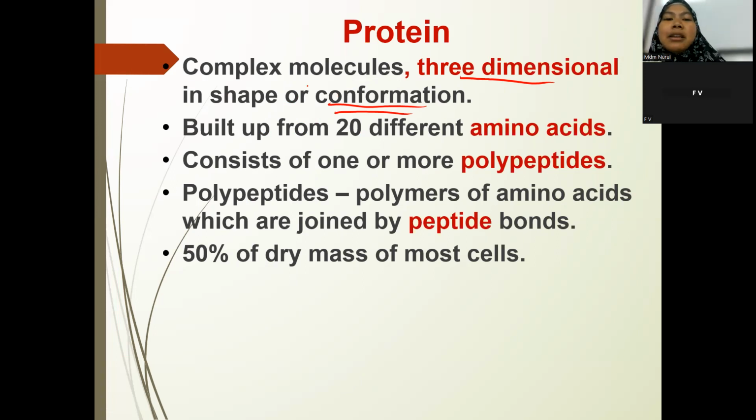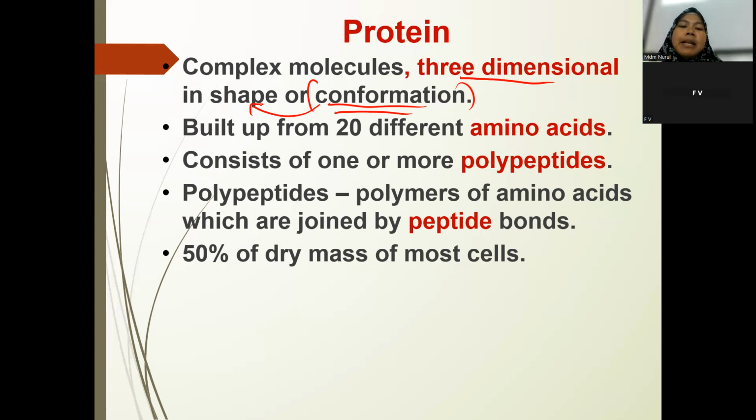Conformation. Kau jangan keliru dengan confirmation. That is different. Okay. Conformation here means shape. Shape or structure lah. Okay, conformation. So lepas ni kita akan jumpa lagi. Chapter 5 you akan banyak dengar perkataan conformation. Okay. So conformation mean shape.